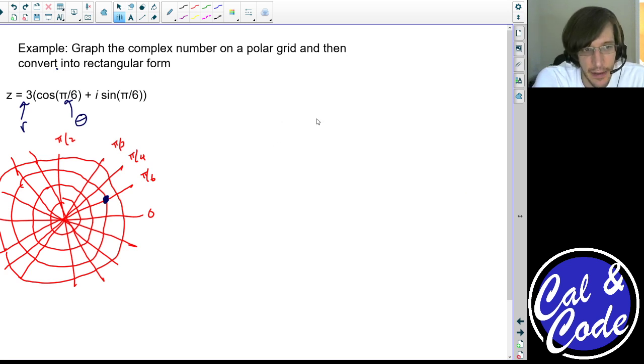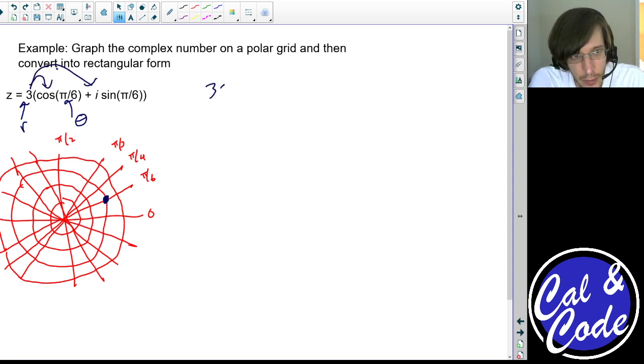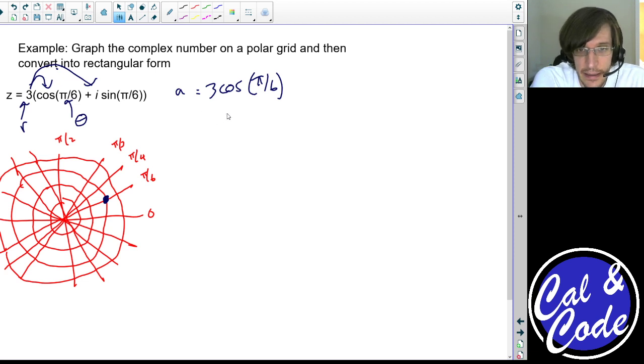Because now that I know those two things, think about distributing this in and then working them out. Do I know what 3 times the cosine of pi sixths is? Well, that's going to be equal to my a. Well, cosine of pi sixths is root 3 over 2. So a is 3 times square root 3 over 2.